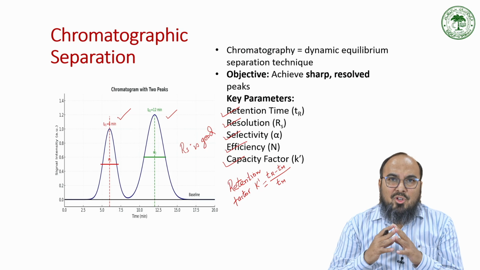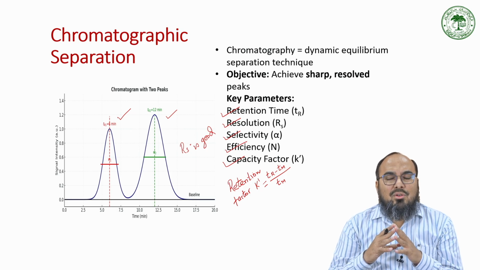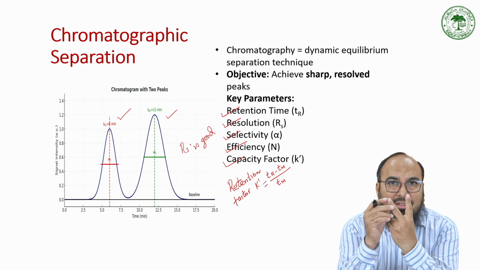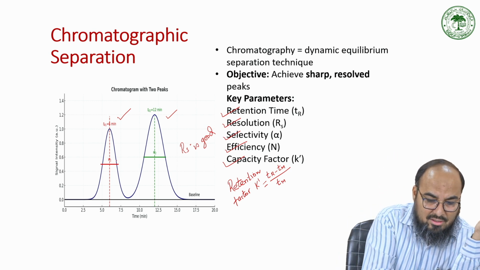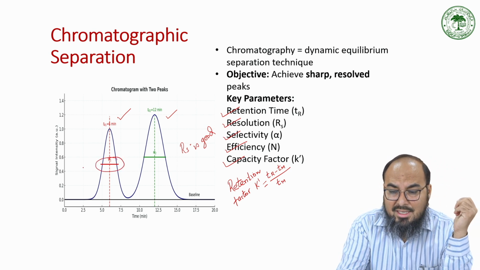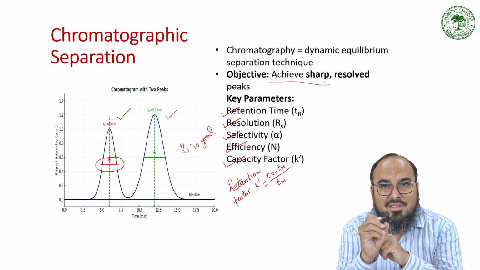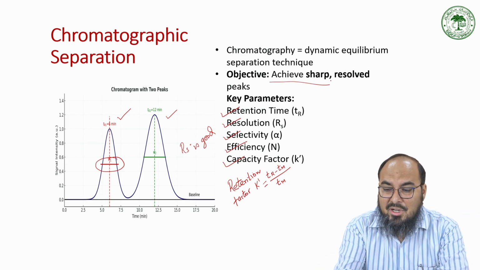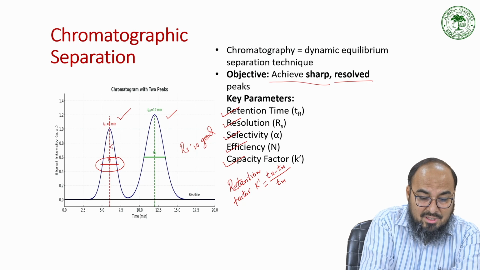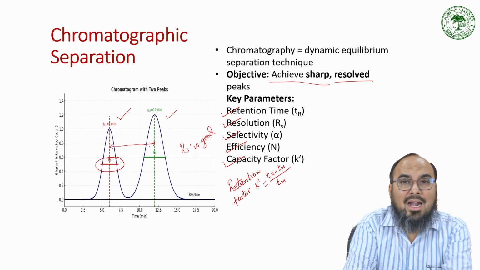One thing we have to remember is that for an effective resolution or separation, two things must be satisfied. That is, the width of the peak should be as small as possible, that is, we have sharp and narrow peaks. The second thing is that the peaks must be resolved, that is, the distance between the two should be as large as possible.